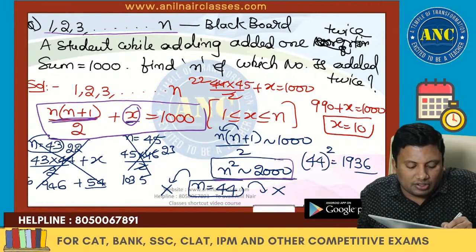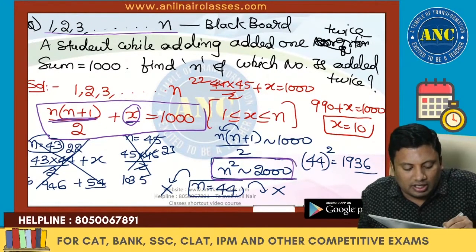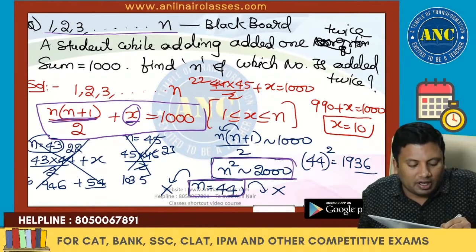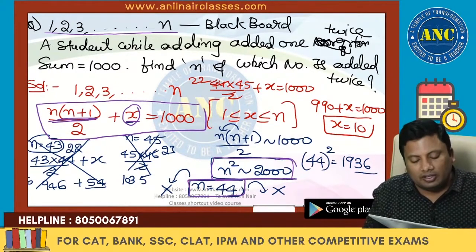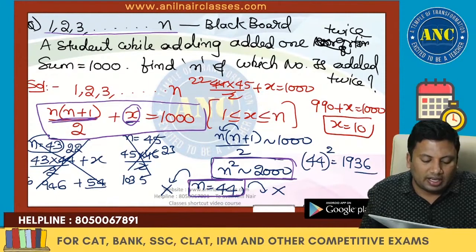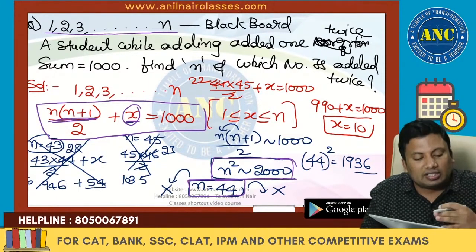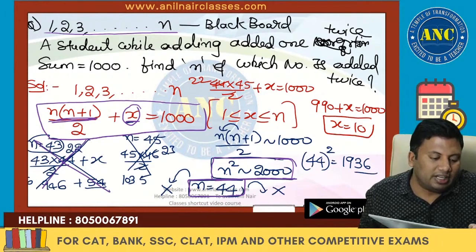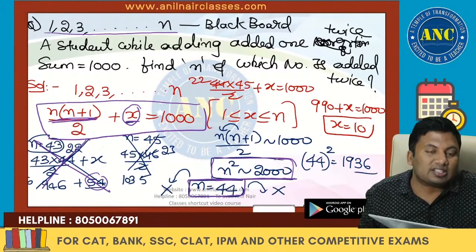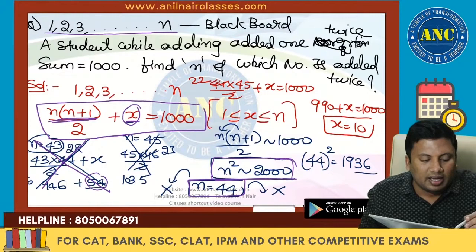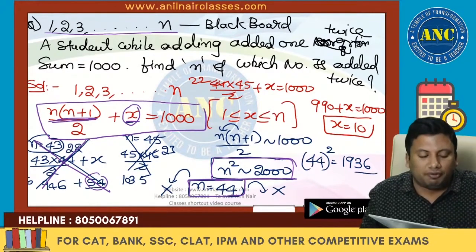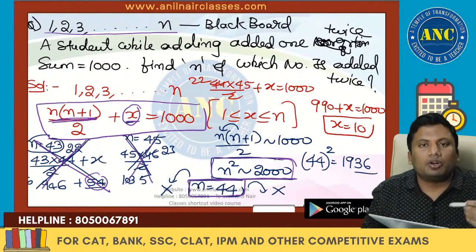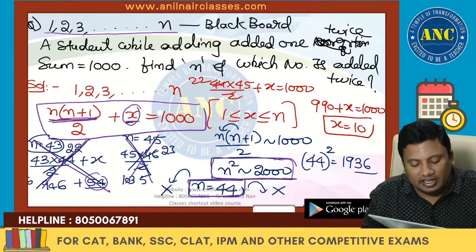The perfect square just less than 2000 is 44 square, which is 1936. Less than 44 is not possible because if I take 43, I get a number which is greater than 43 to be added. If I take greater than 44, the sum exceeds 1000 even without adding twice.